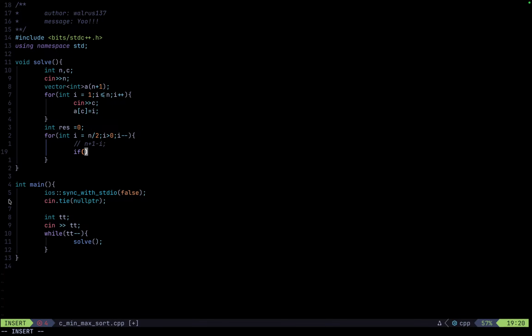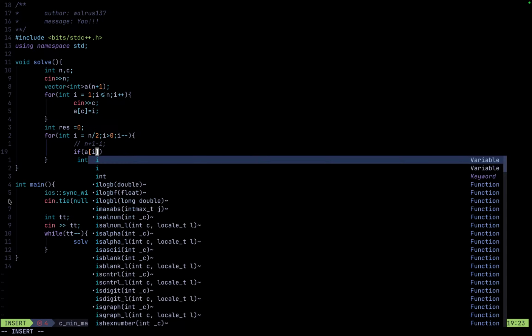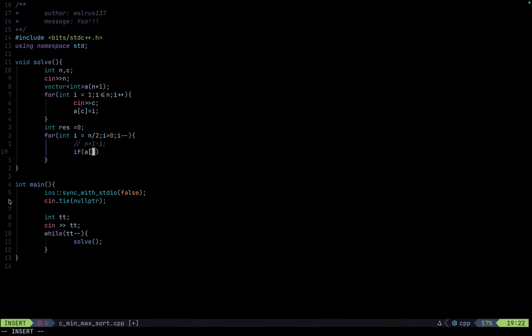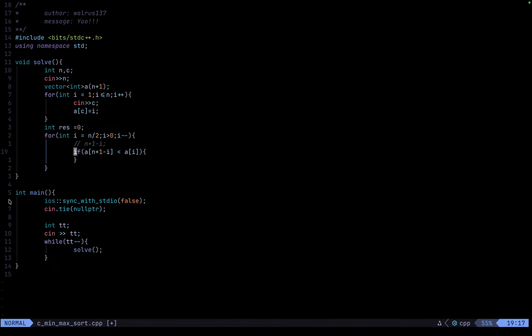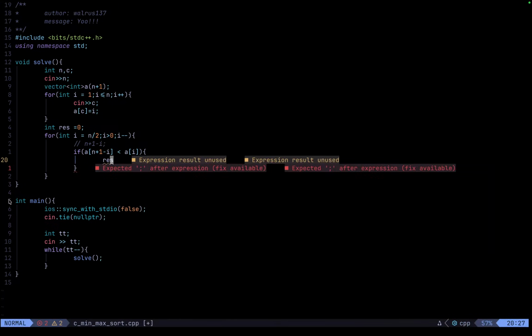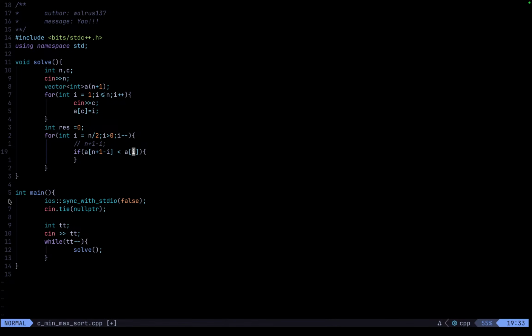If these two are out of order, then we must do an operation. Left number is i, right number is n plus 1 minus i. If the right number has an index that is smaller than the index of the left number, then we will do an operation.